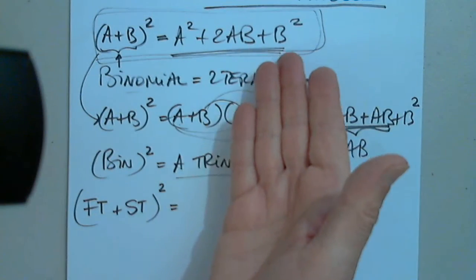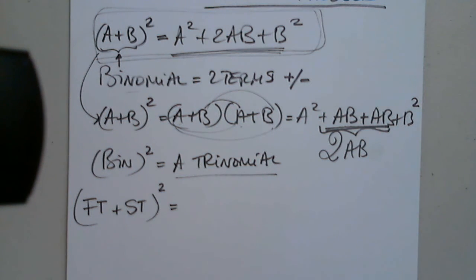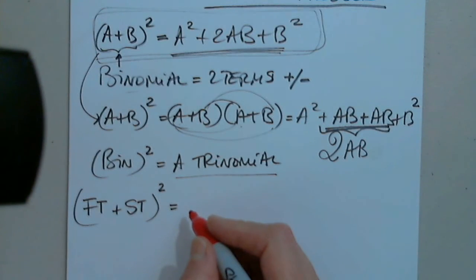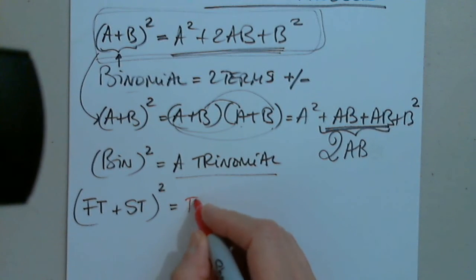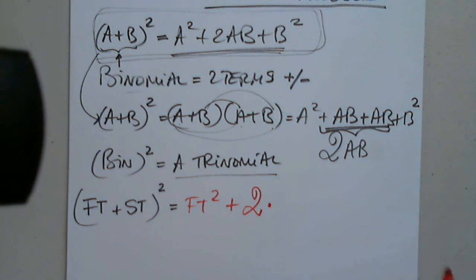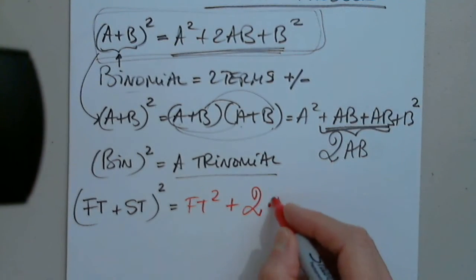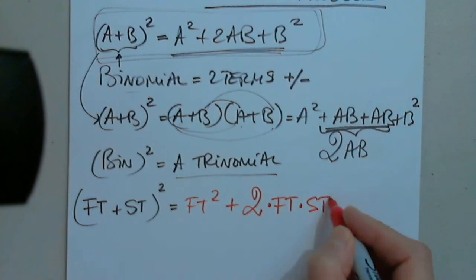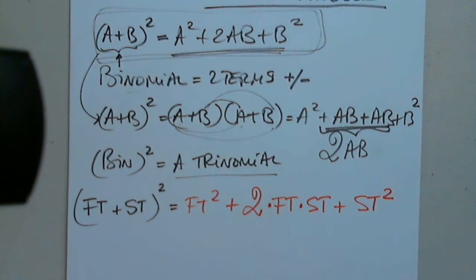What does it say? Would it be first term squared? Excellent. Plus? Plus 2 times the quantity, the first term times second term. Very good. Plus the second term squared.